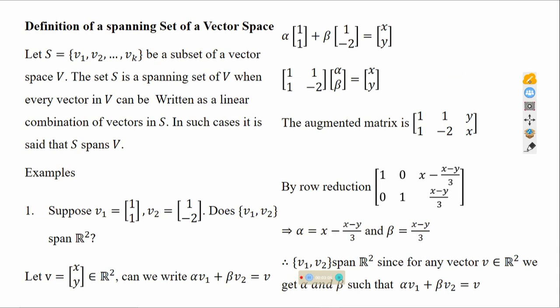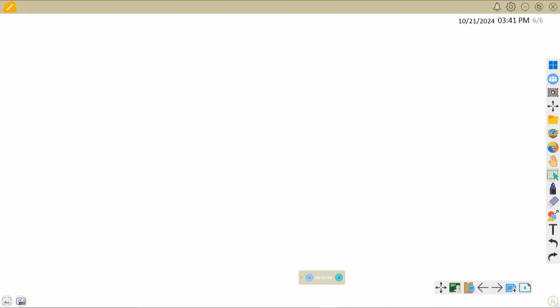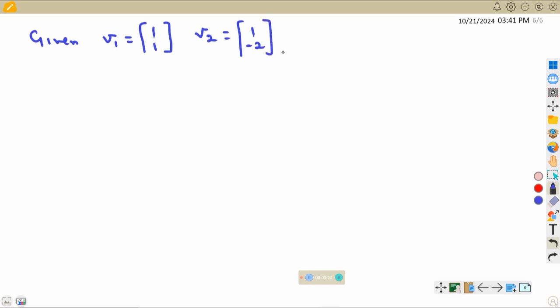So we shall say we are given the vectors V1, which is 1, 1, V2, which is 1, negative 2. We need to show whether this set S, which contains V1, V2, spans the given space, which is R2. So this is what we need to show.